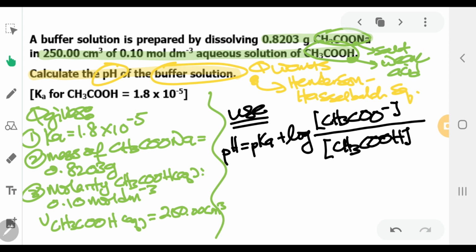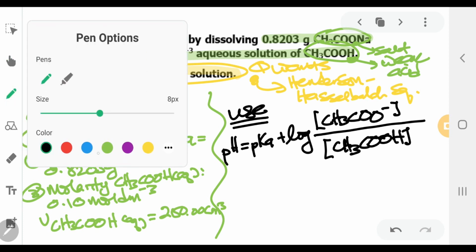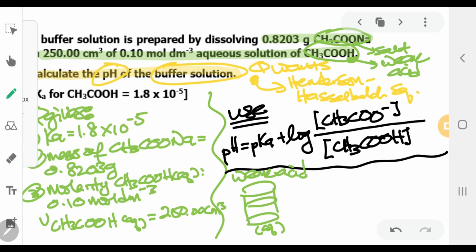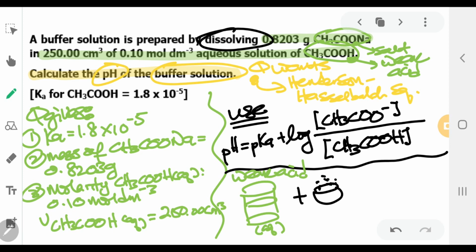But before that, if you look carefully at this situation, what we have is your weak acid in aqueous form, and the question says that by dissolving, you're going to add solid salt, 0.8203 grams of the salt.